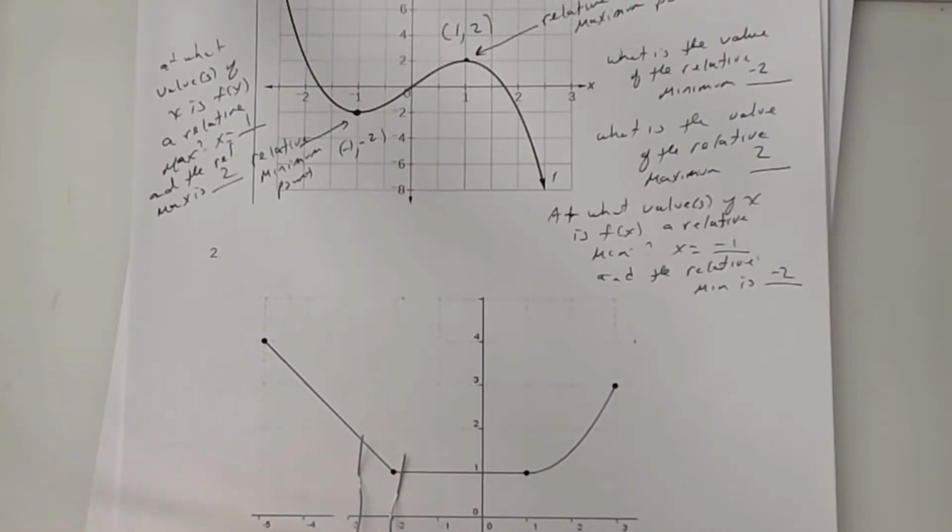So then all of a sudden, I come to this point right here. Look at this right here. And that point right here is what? A relative min. In fact, listen carefully. In fact, all of these are relative mins. All of these points right here are relative mins.